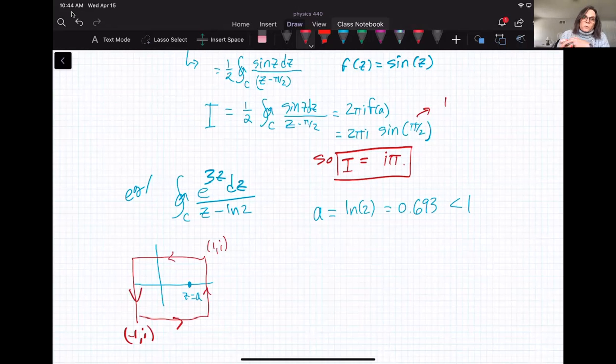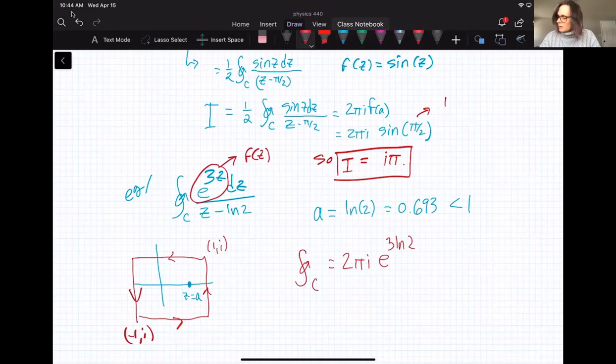In which case we could just do the contour integral in those 4 steps. I think your book does something pretty similar in one of the examples. If you do that with this contour, you end up with, again, 2 pi i times e to the 3 ln 2, because this, again, is our f of z, and that equals 16 pi i if we do all the work.